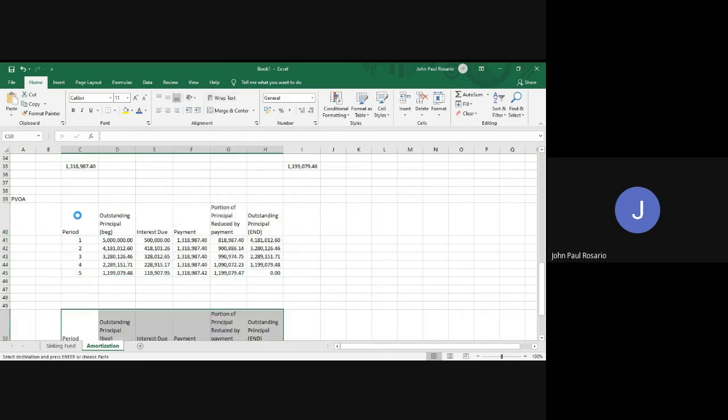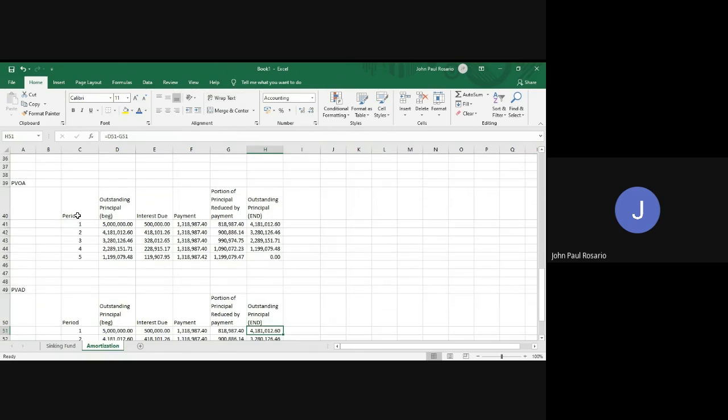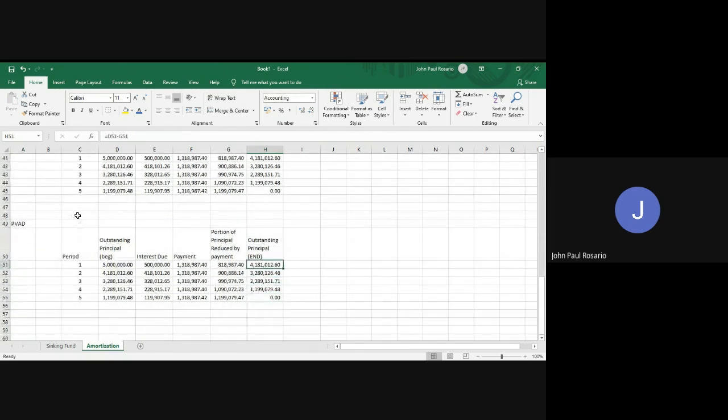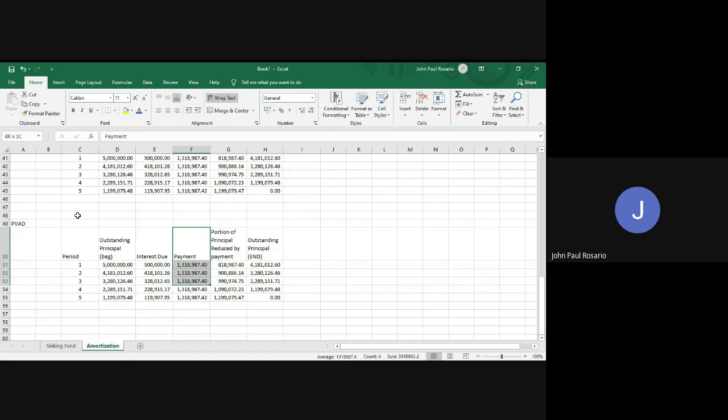Okay. Now, after solving for this one, let's go to the table for our present value of annuity due. So what will happen if present value of annuity due is the question? So know that for annuity due, our outstanding principal here is already reduced by our first payment. So the payment, we transfer it here to the side. Payment.